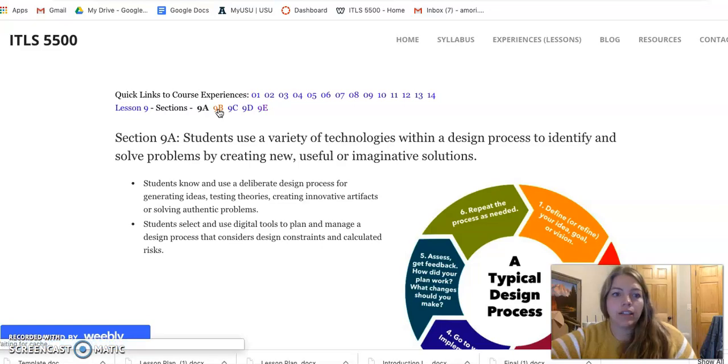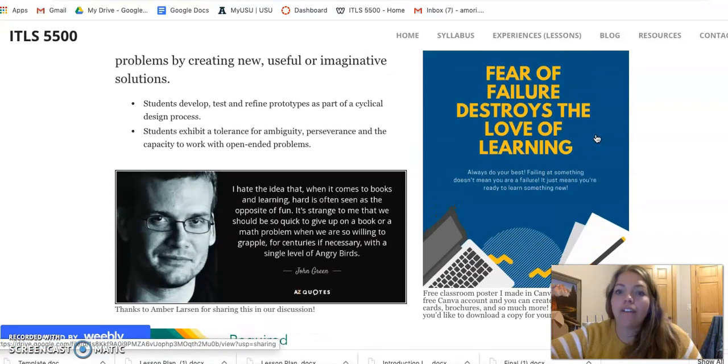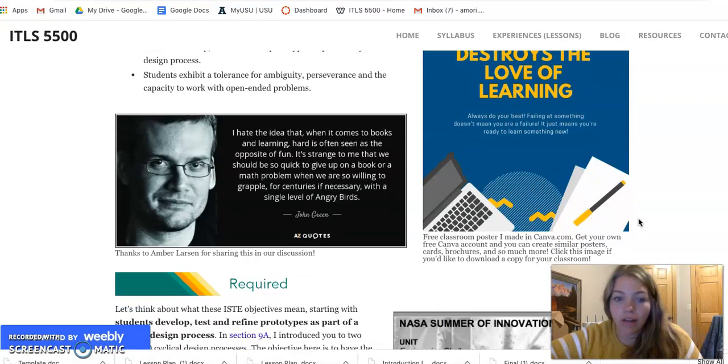Okay, for B, I loved this quote. So this quote caught my attention very quickly. Fear of failure destroys the love of learning. And I have definitely felt that in my own life, even as a kid in elementary school, when they'd pull me out specifically and do reading tests with me, I would read so much worse when I did those reading tests because I was always so scared of failing them that I would almost not want to do them and not want to be a part of them.